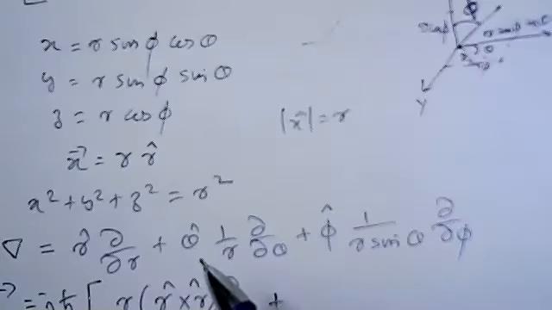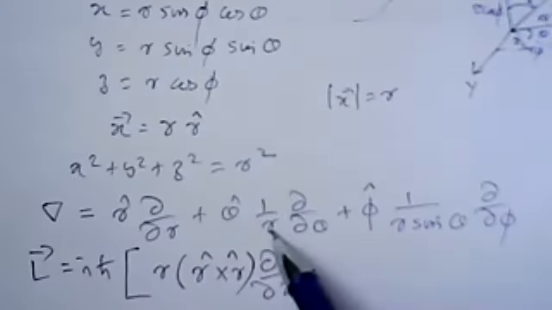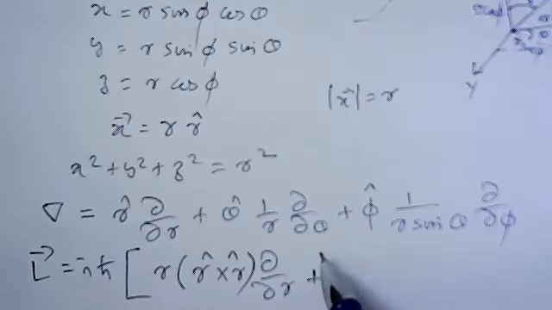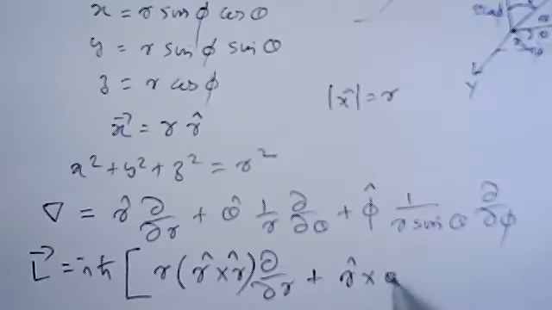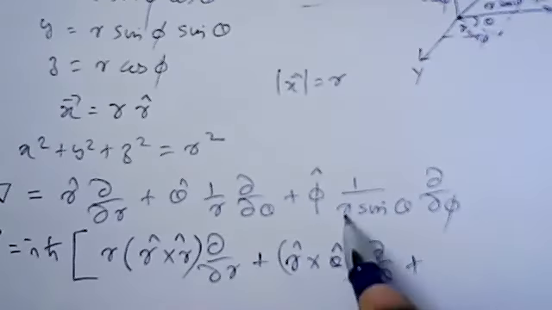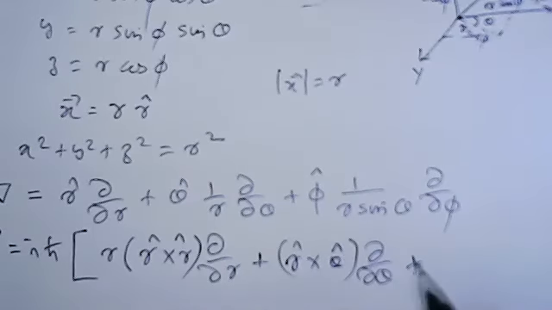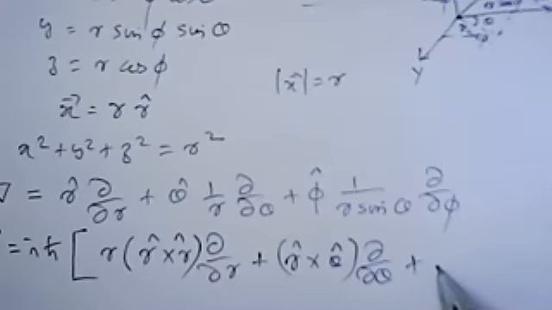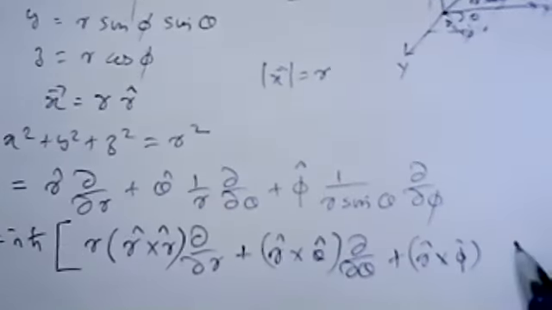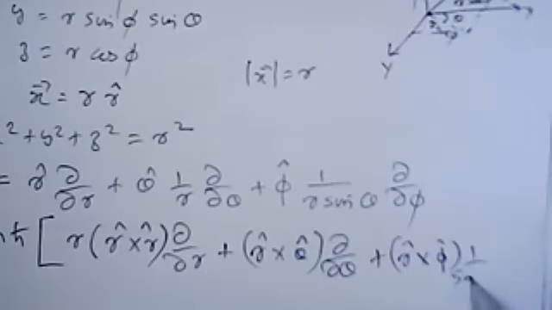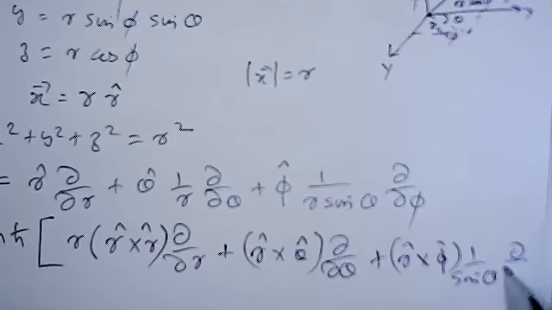This r and this r cancel, so we get unit vector r cross unit vector theta, then ∂/∂theta, plus here also r cancels, so unit vector r cross unit vector phi, then 1/sin theta ∂/∂phi.